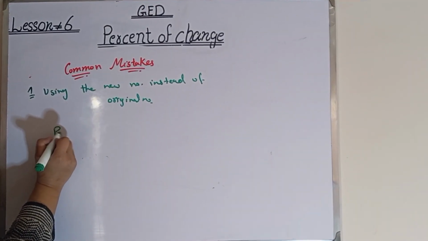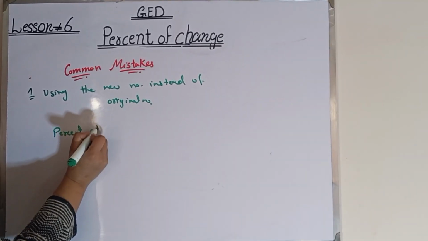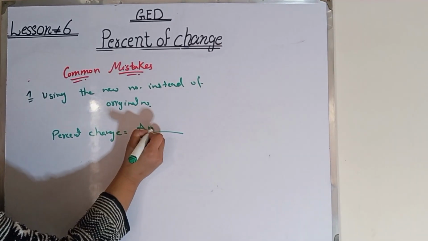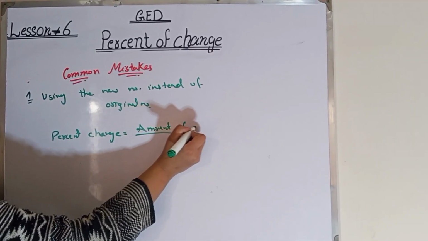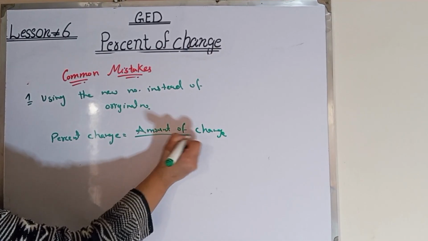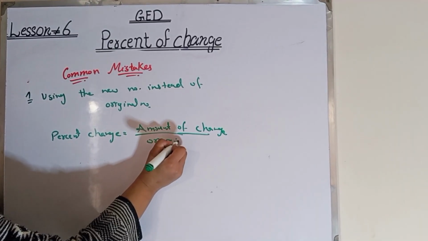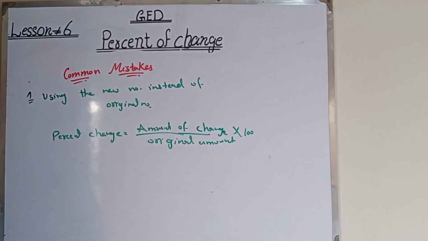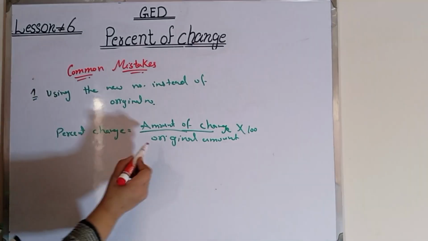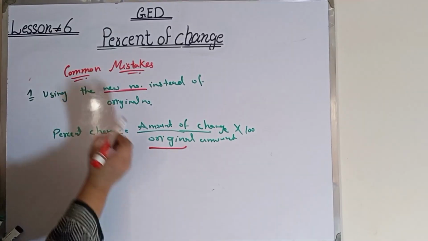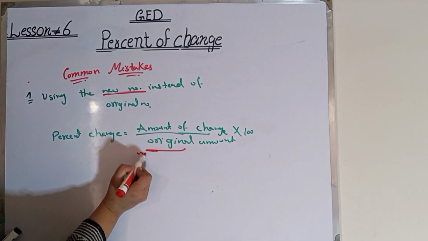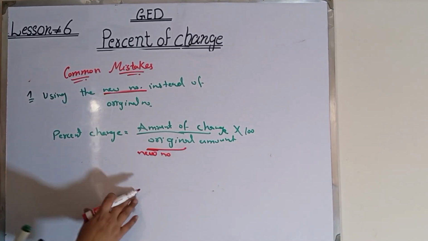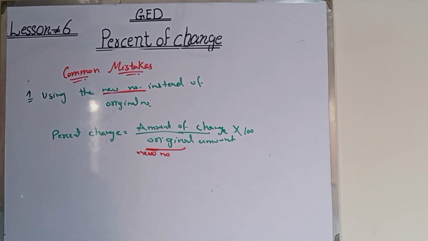Just like our formula is percent change equal to amount of change divided by original amount, multiplied by 100. But what do students do? Students divide by the new number. They don't divide by the original number. So make sure you always divide by the original amount.